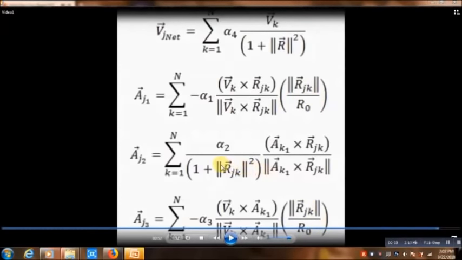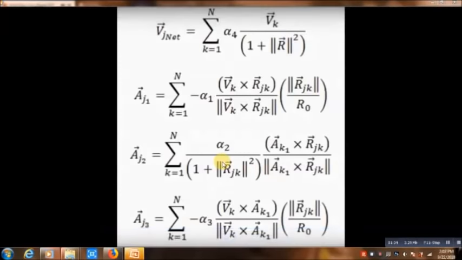A2 is inversely proportional to the distance between particles and is not restricted like this. We integrate these acceleration fields to find how the orientation of each particle's intrinsic velocity changes over time, while restricting the magnitude of those velocities to always equal alpha 4.